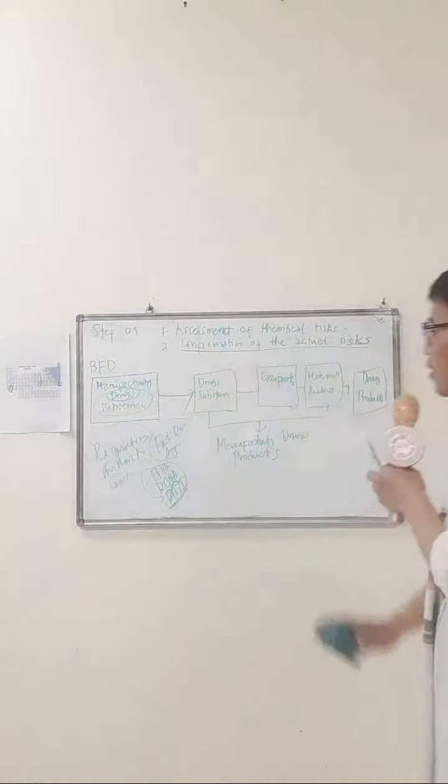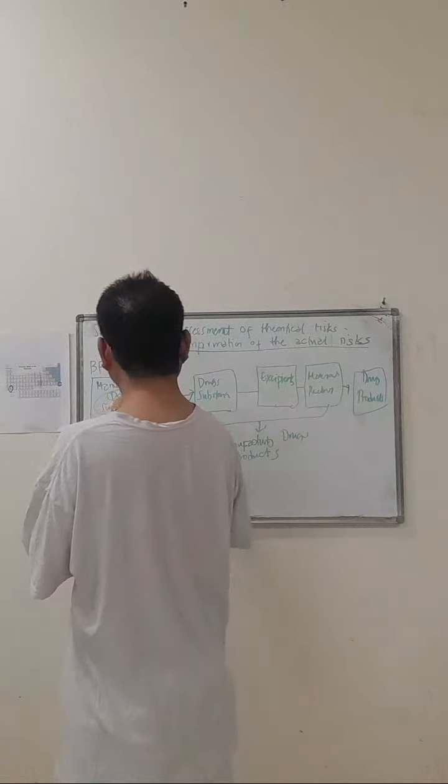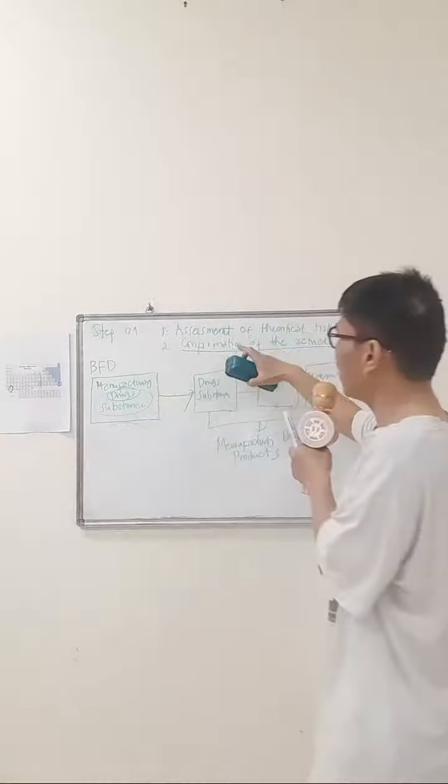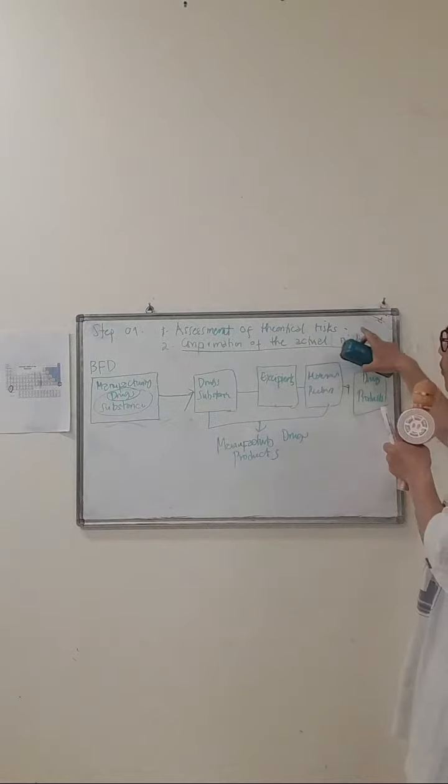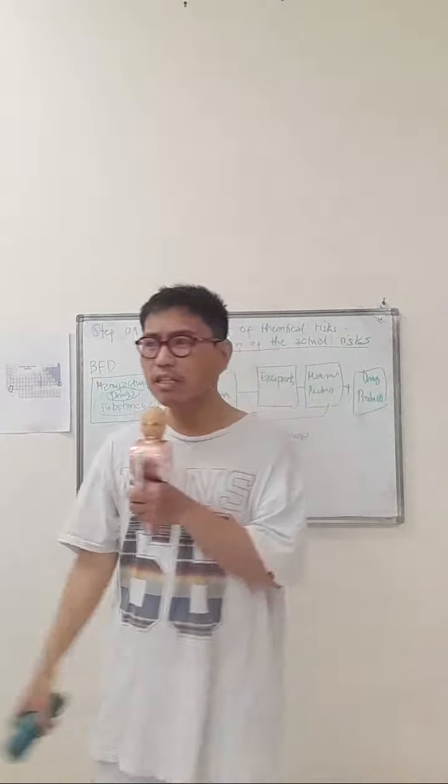I need to erase this because I have a small whiteboard and can't express everything. Now, going back to number 1, assessment of theoretical risks. It is there that we need to know the manufacturing processes.